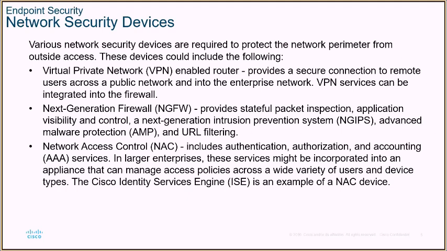And there's also network access control, which includes authentication, authorization, and accounting services, or AAA. In larger enterprises, these services might be incorporated into an appliance that can manage access policies across a wide variety of users and device types. And Cisco Identity Services Engine, or ISE, is an example of a network access control device.